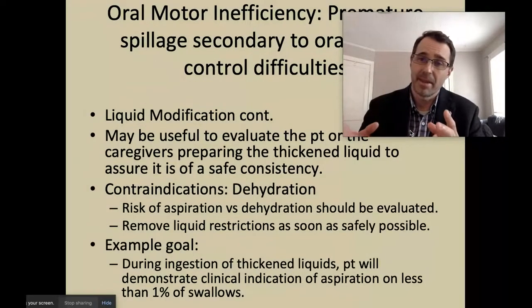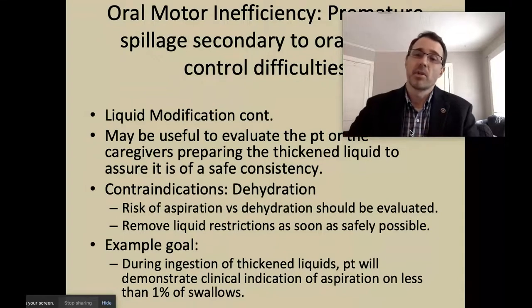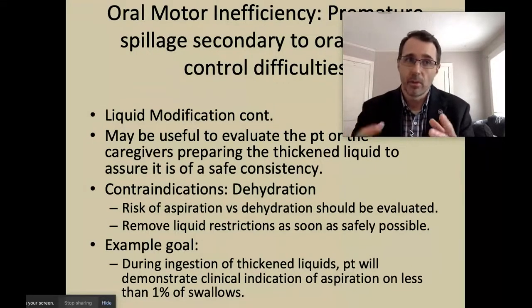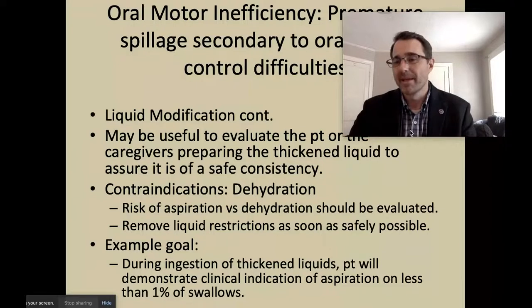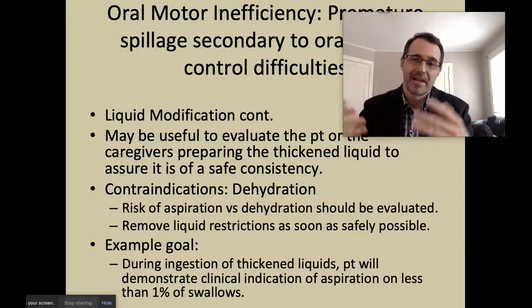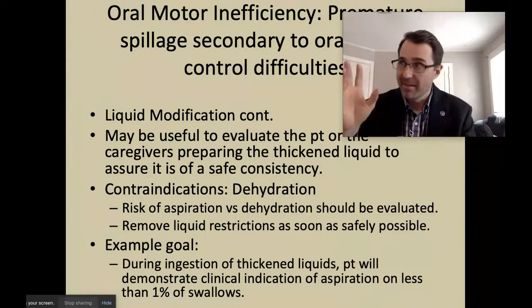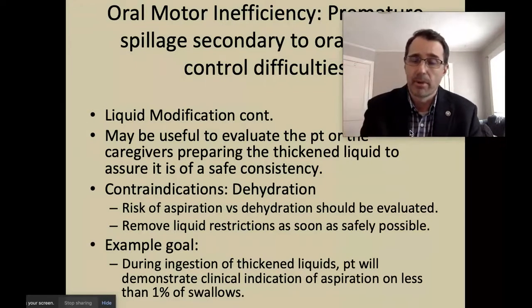The next step is, after you have demonstrated how to create the consistency, giving them the materials and having them demonstrate it to you so that you know that they know how to do it appropriately.